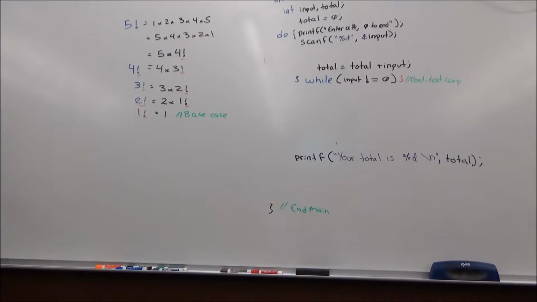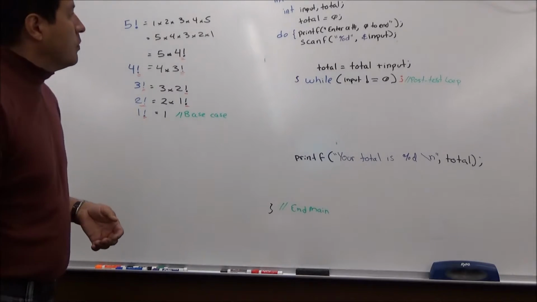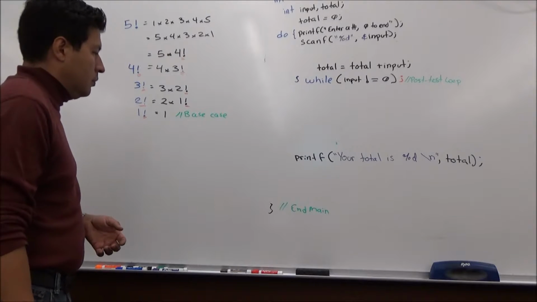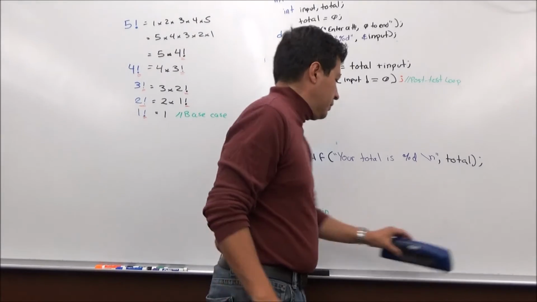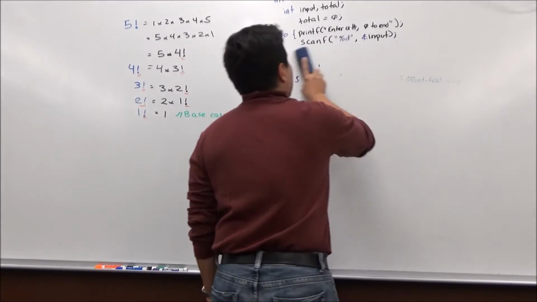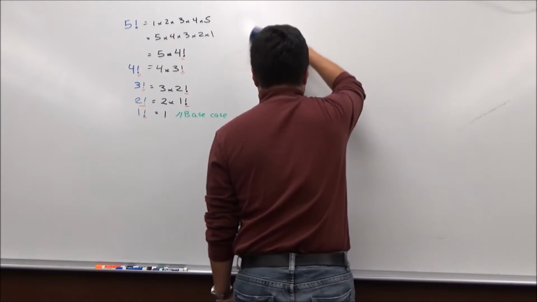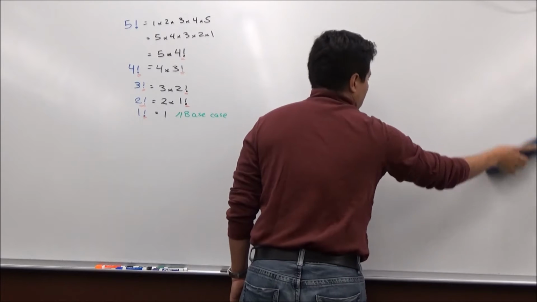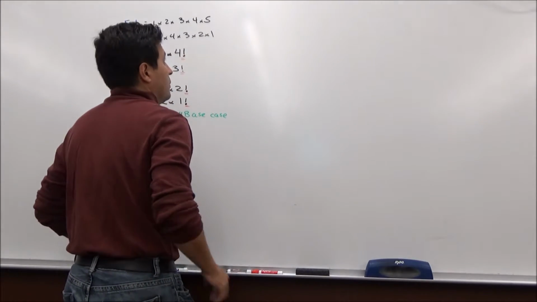Let's write a program. The user has an input. So how would you write the diagram first? And then we'll write it in the computer or type it because it's easier for me now.